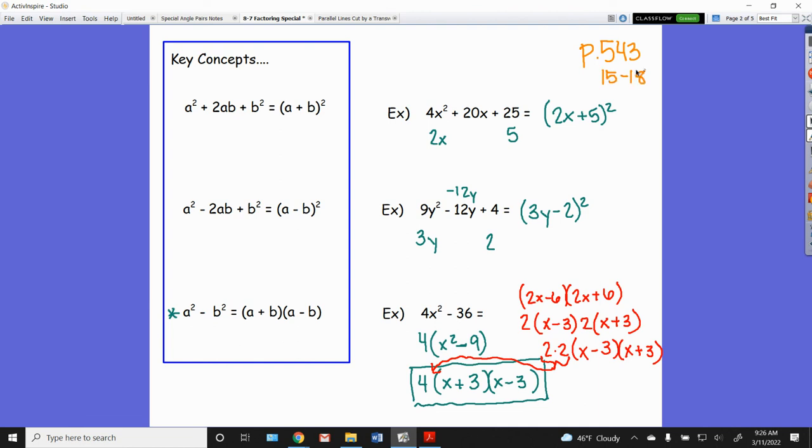Now, guys, listen, 15 through 18 is mainly what we did today. All right. And then 20 through 31 is just a free-for-all. It's going to be like it is on the test. They're all mixed up. Okay?